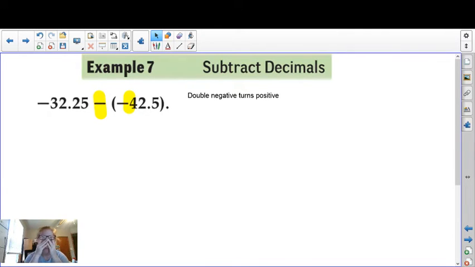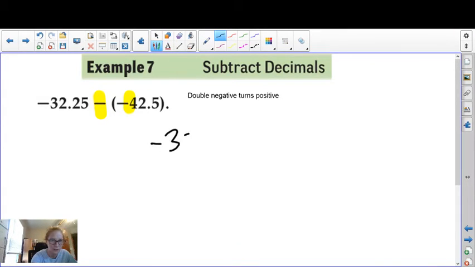I'm really bad at these because I try not to use them. Anyone ever played Never Have I Ever, and you decide to say never have I ever not done something? Yeah, that's a double negative, so it means you've done something. So it ends up turning into negative 32.25 plus 42.5.